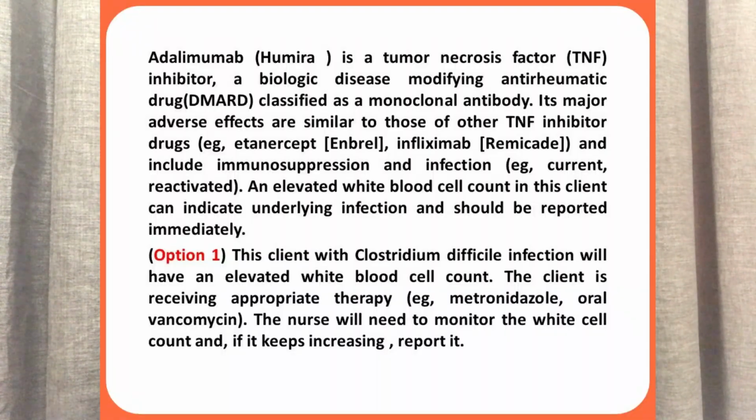With an infection, the WBC count will increase. This is an expected finding of Clostridium difficile infection, and the client is already receiving metronidazole, which is the appropriate treatment. So this is not the most important thing to inform the HCP, and we can eliminate that option.